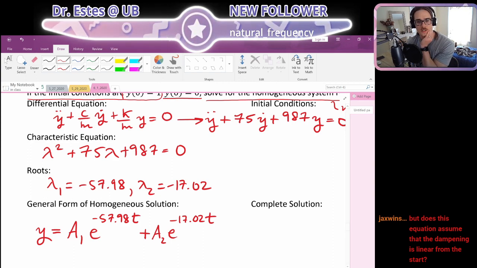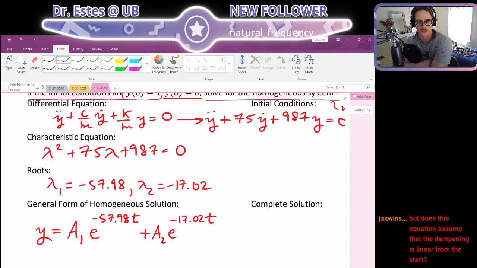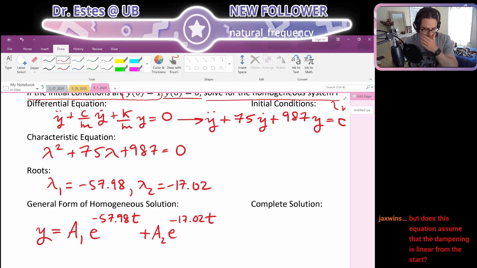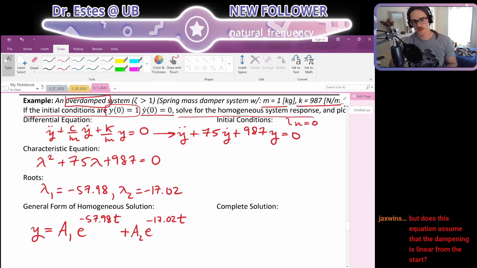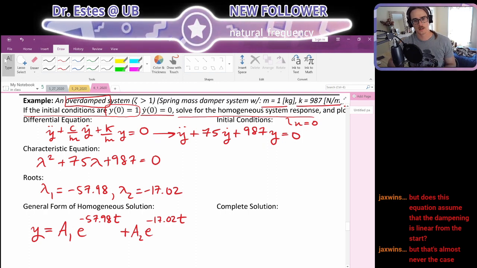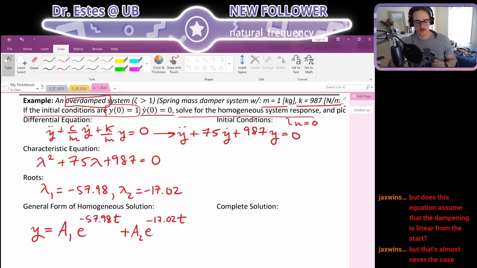But does this equation assume that the damping is linear from the start? You're exactly right. We're assuming it's linear from the start. The force from our damper is just C times y dot, but that's almost never the case.